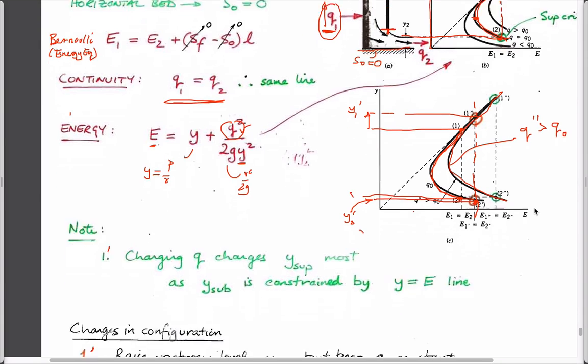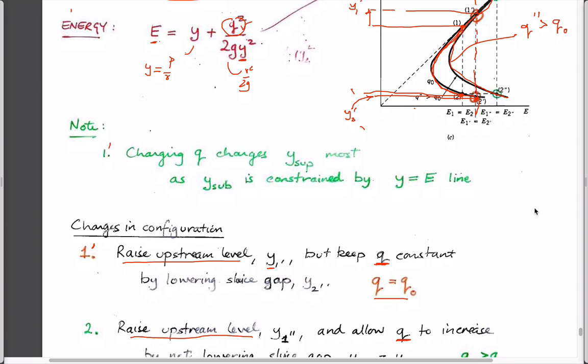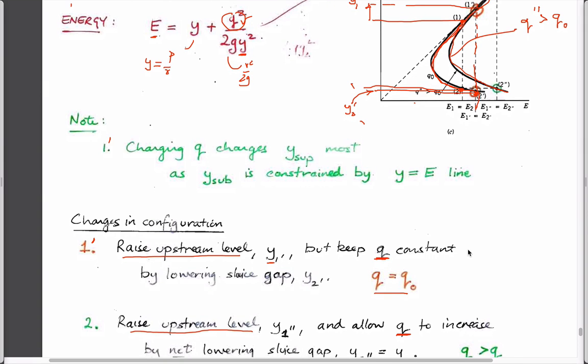Let me just raise it up here so we can see both parts of this. We're raising the upstream level. We're not shutting down the boom on it, and so the flow rate's going to go up. So now if we use a different value of the flow rate in this expression, we'll get a whole new curve of y versus E, which is this one.